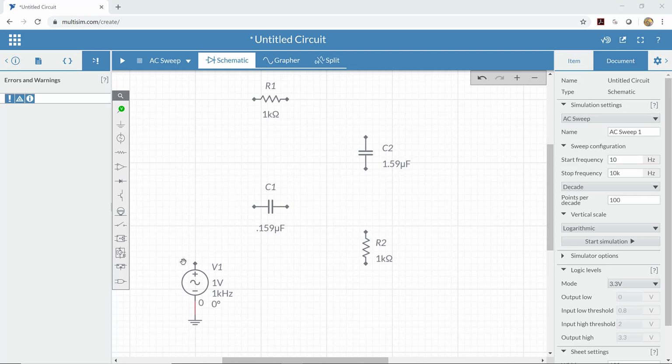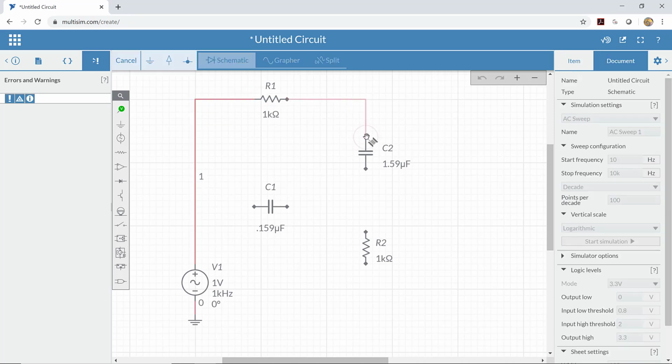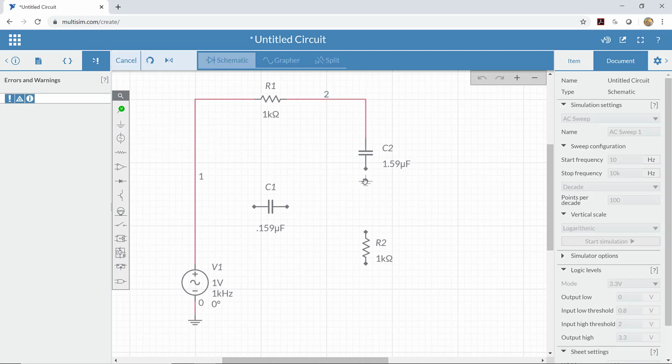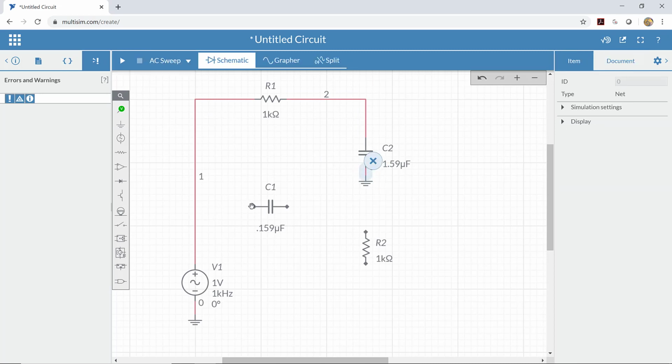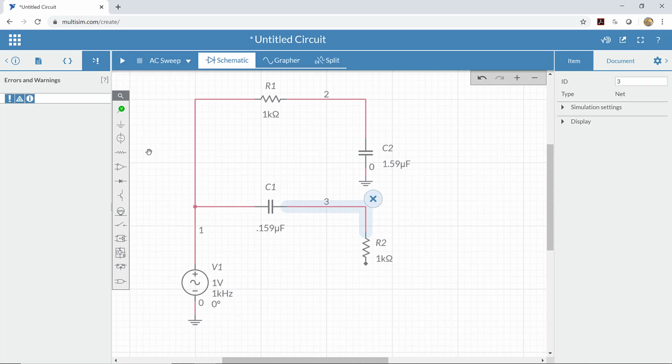Okay, so what I've got here is the building blocks, and now I'm going to build the circuits that I'm looking for. Okay, so I'm going to build a low-pass filter here with a cutoff frequency of 100 hertz and a high-pass filter with a cutoff frequency of 1,000 hertz.